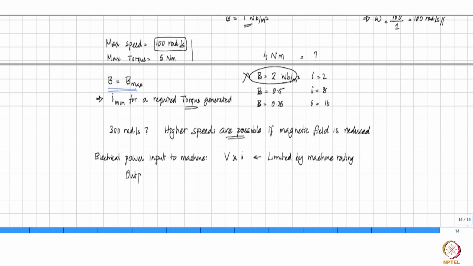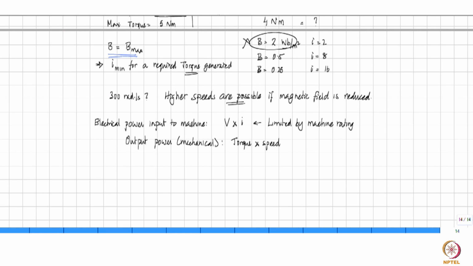Output mechanical power, how much is that? Torque multiplied by speed, right?